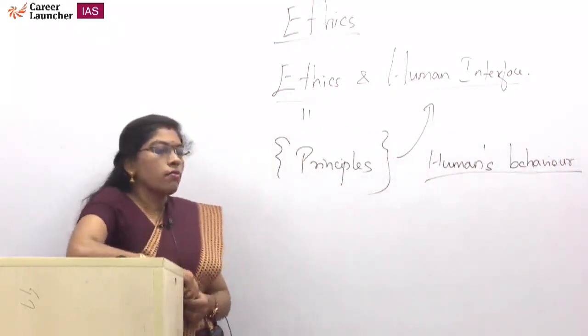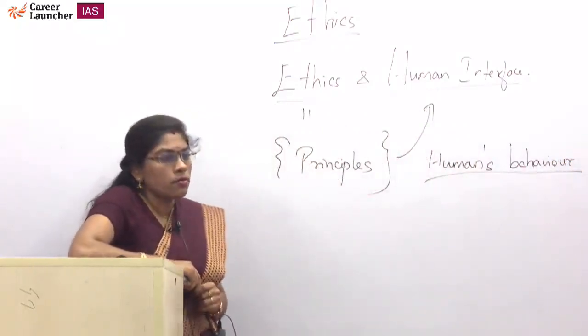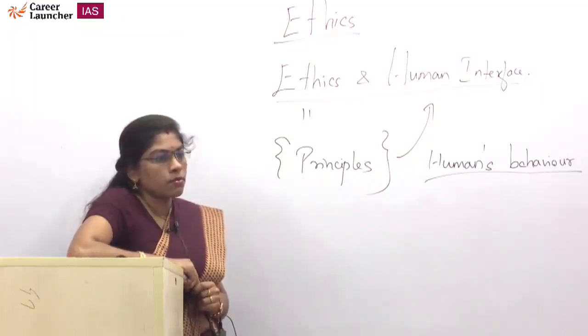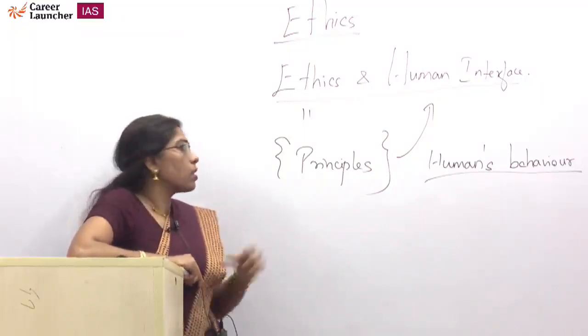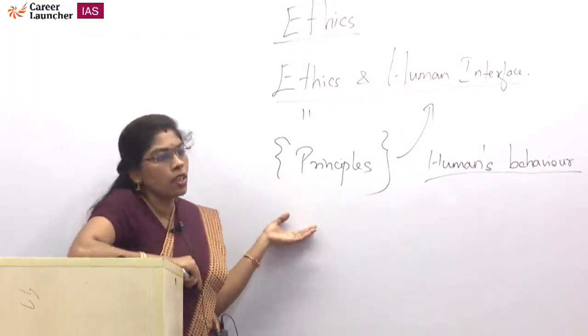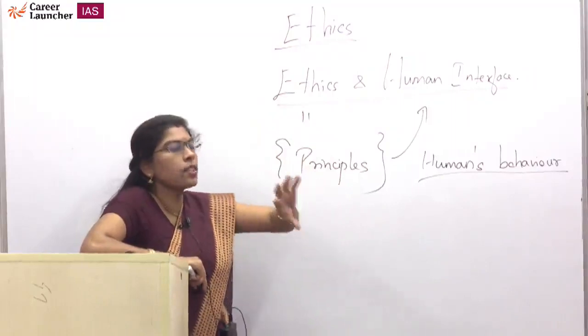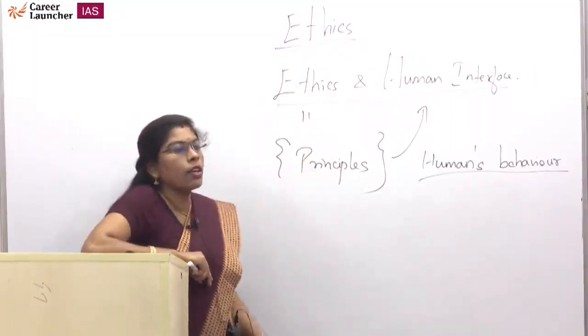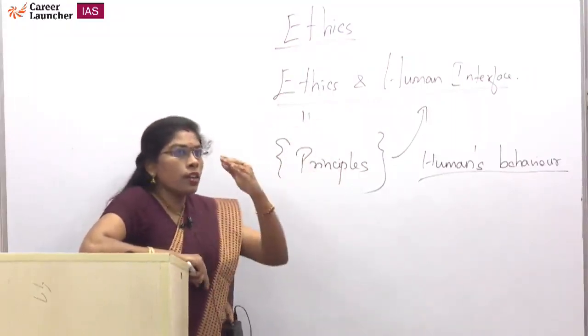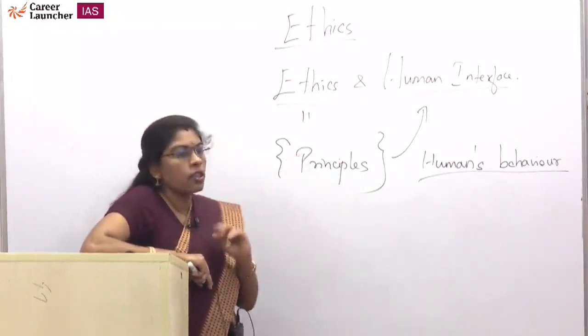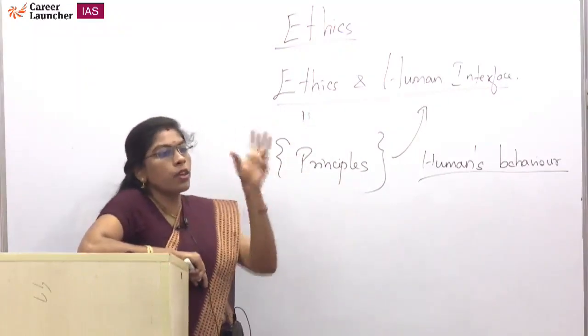Is ethics broader, and we are taking one part of it, that is human behavior? Ethics is not only concerned about humans. When we come to the dimensions of ethics, we will see the various categories. It is not only humans, but how we act towards the environment. It is linked with humans but also with other elements.